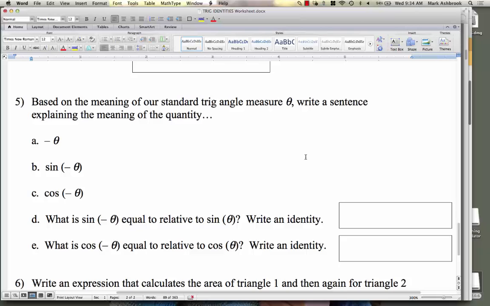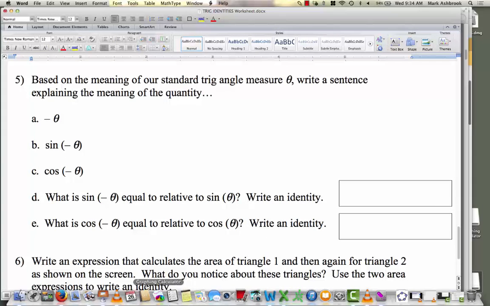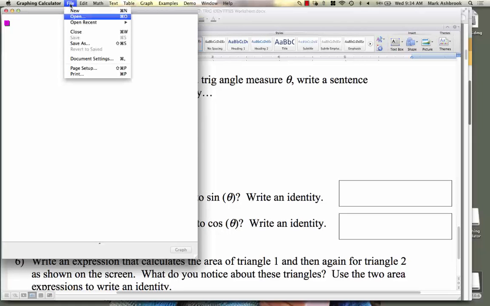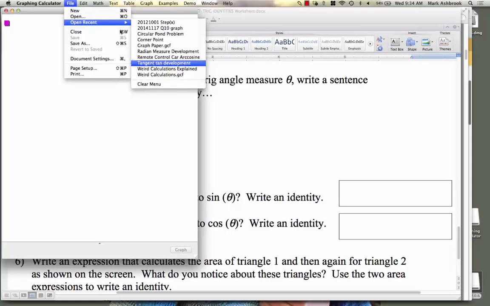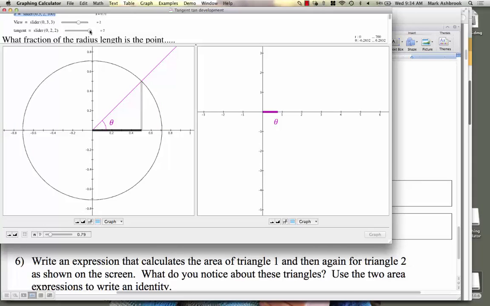Okay, let's take a look at this. This is kind of a cool one. Let's see if I can find it here. No, not that.